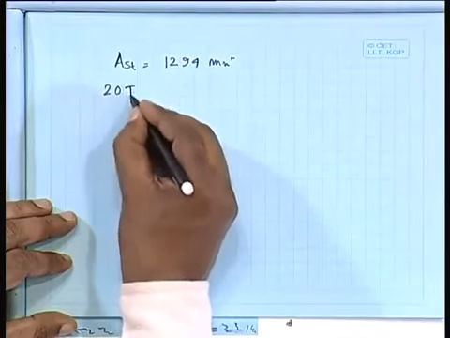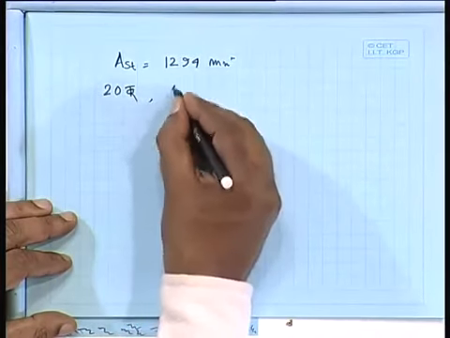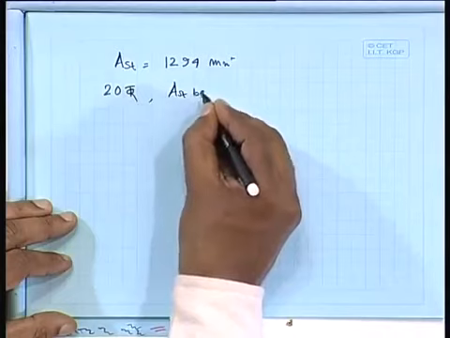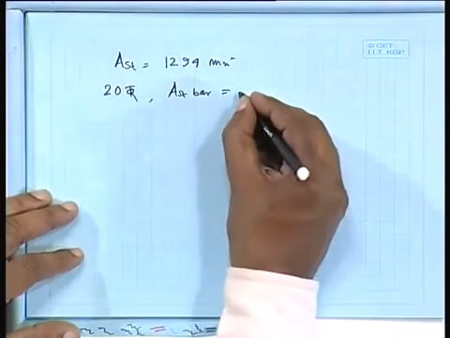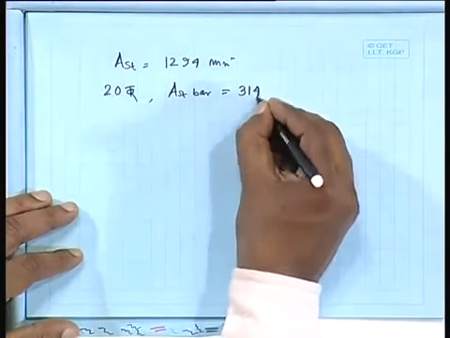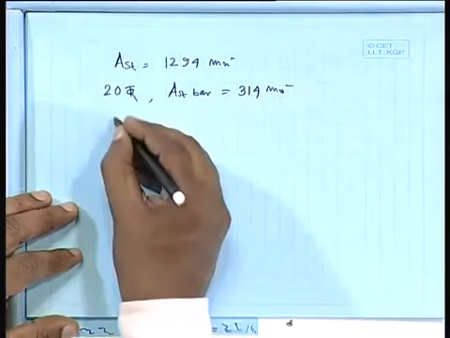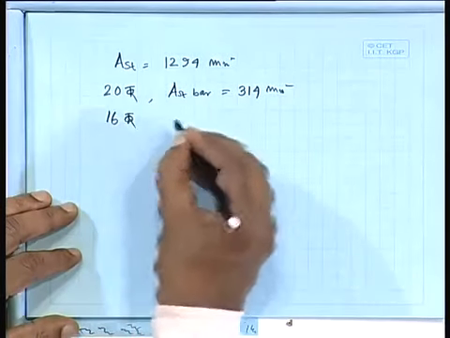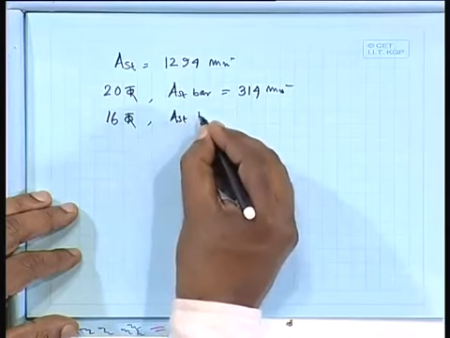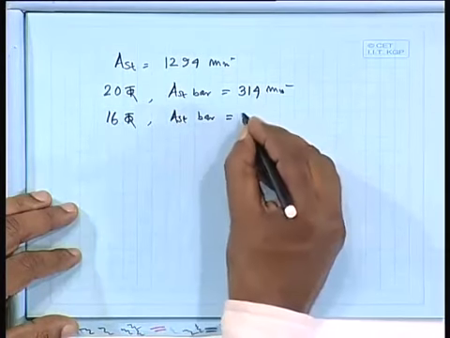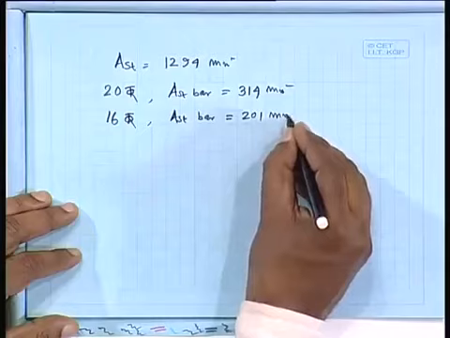For 20 torr bar, the area for a single bar is 314 square millimeter. For 16 torr bar, the area is 201 square millimeter.